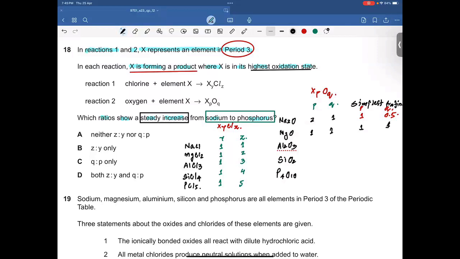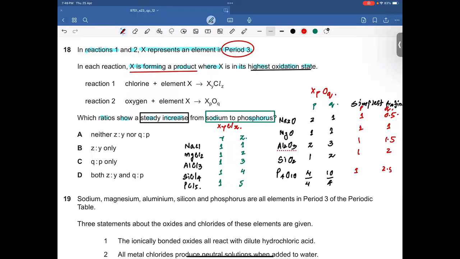For aluminum oxide, it is 2:3, so in terms of simplest ratio, it's going to be 1:1.5. Then silicon oxide, 1:2, so it's fine again. Then we have 4:10, so the ratio is going to be divided by 4, divided by 4.